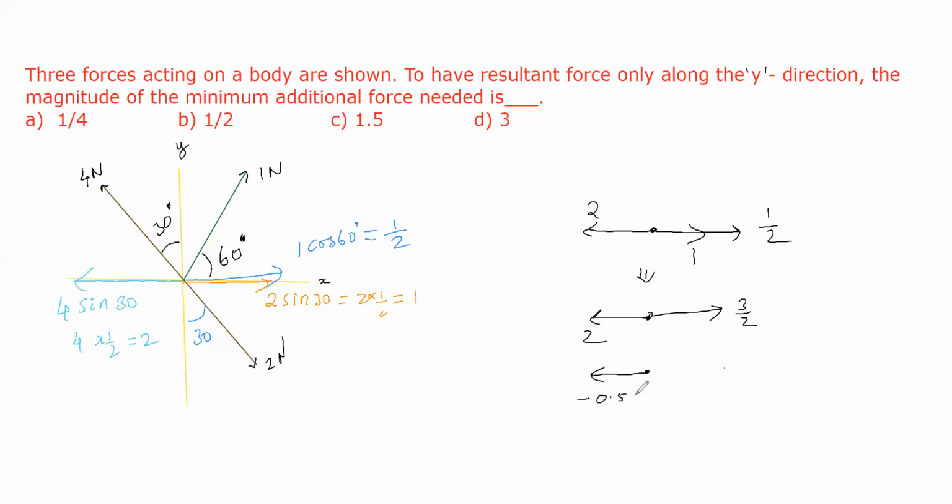That means if we apply an additional force of 0.5 in the positive x direction, then the net force along the x-axis will be 0. So the net force will be acting along the y direction only. So this 0.5 is the answer, option B. So 0.5, that is 1 by 2, is correct.